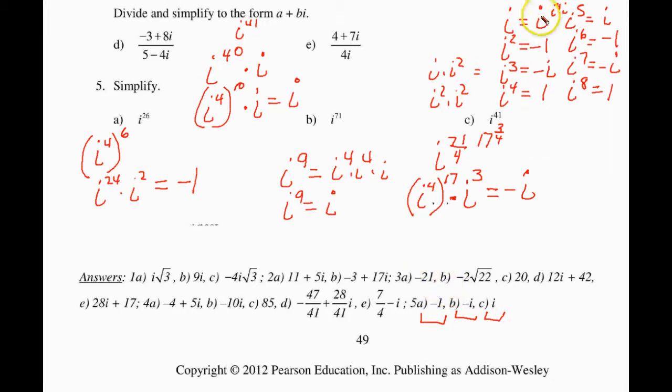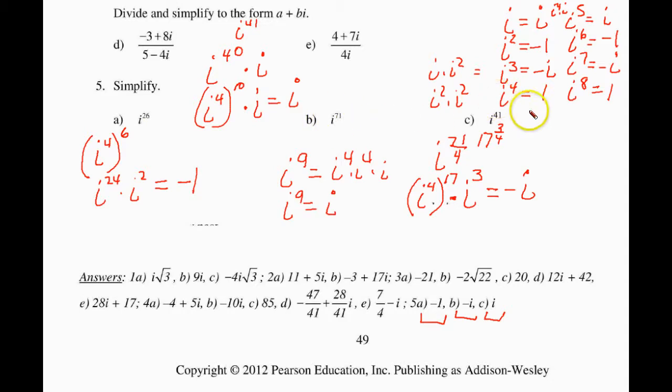So, in a quick review then, and again, you can read the textbook, it goes over it. I think I do a better job than they do, but that's okay. i is i. i to the second is negative 1. i to the third is negative i. i to the fourth is 1. Now, what you're looking for is how many i to the fourths do you have in any power of i.